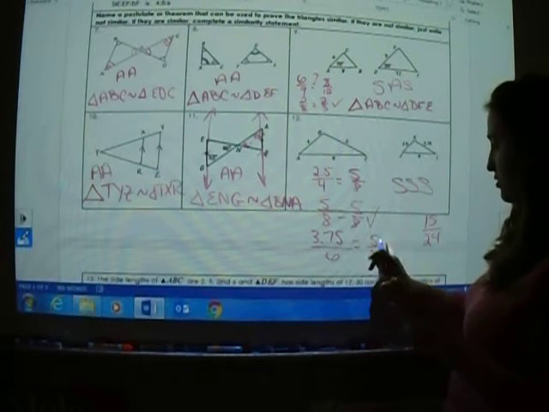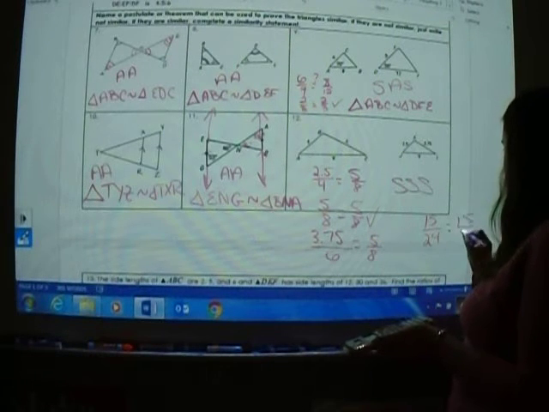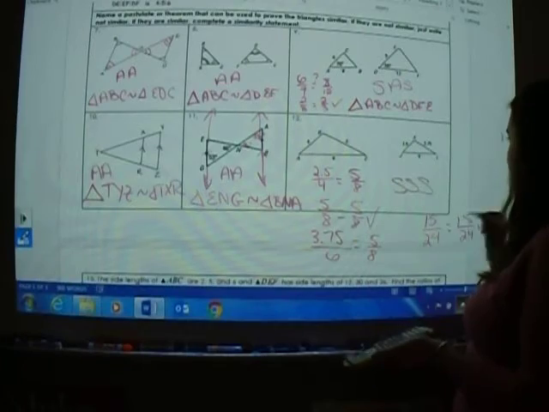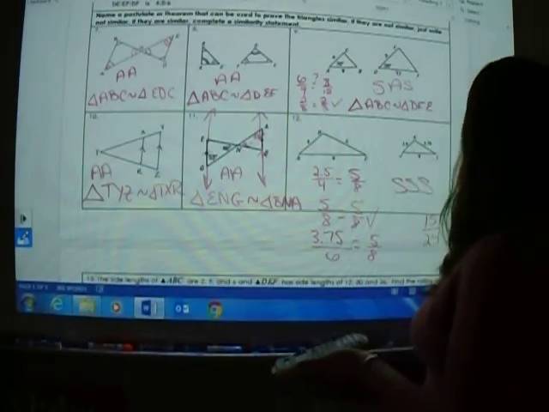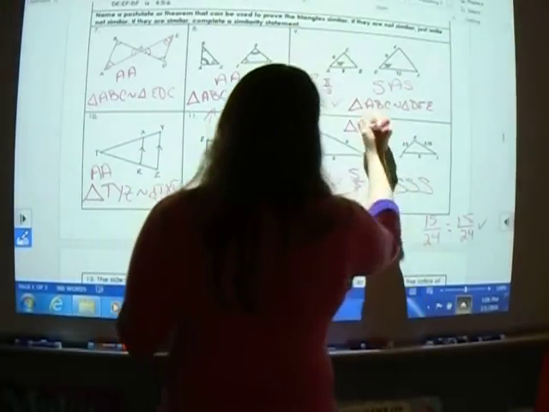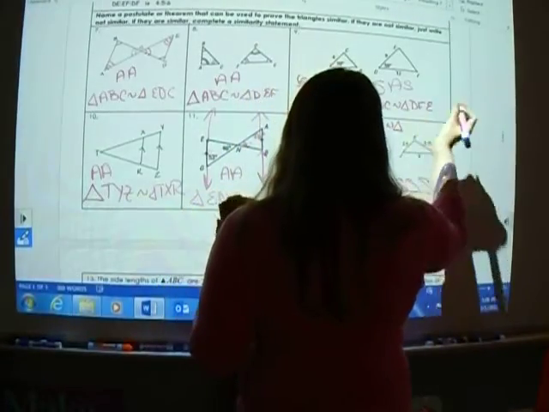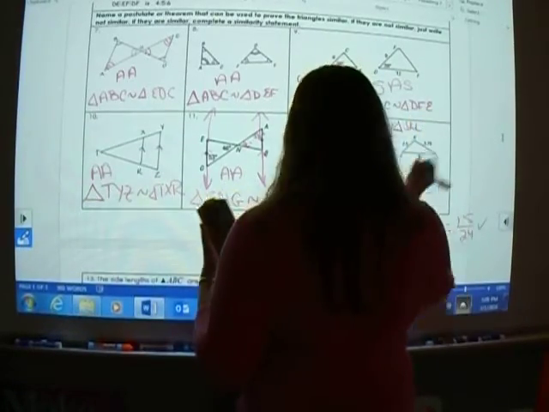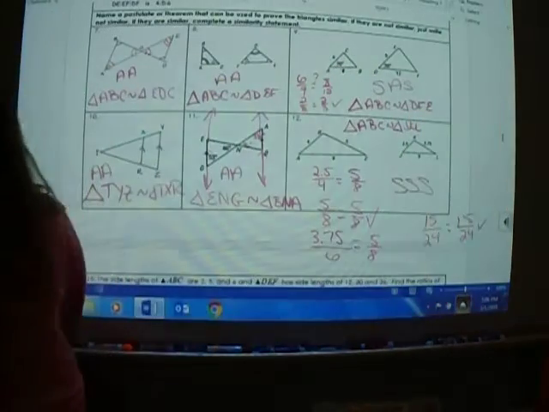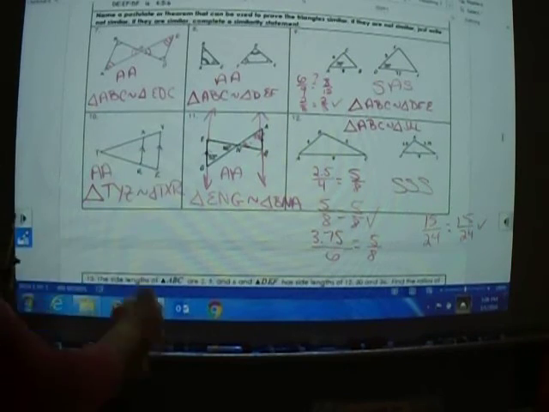Multiply both the top and the bottom by 3 to get 15 over 24. So this is checked, so it's the side, side, side postulate. And I'm going to write it up here: triangle ABC is similar to triangle JKL. All right, so that's the answers to these.